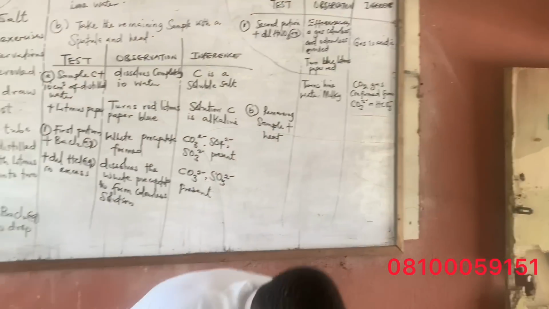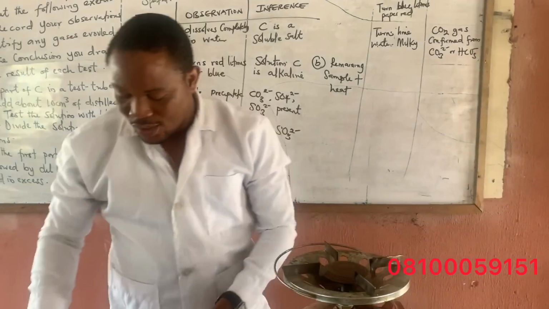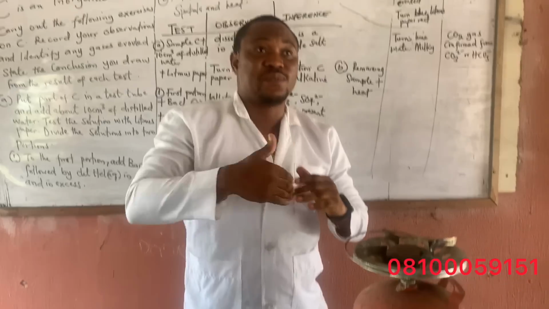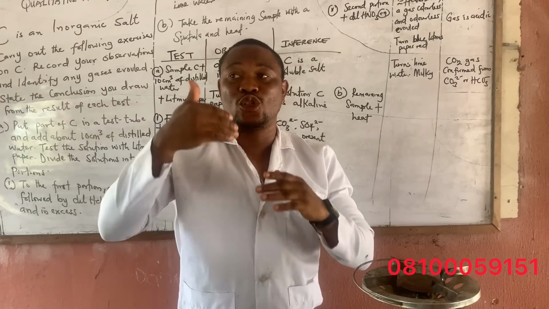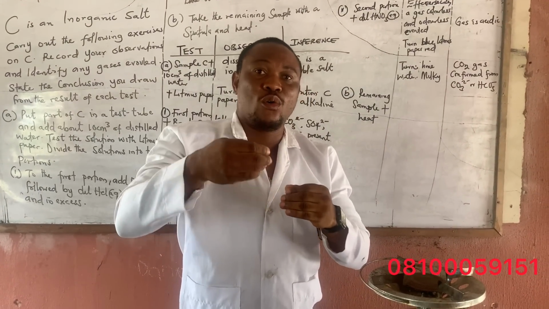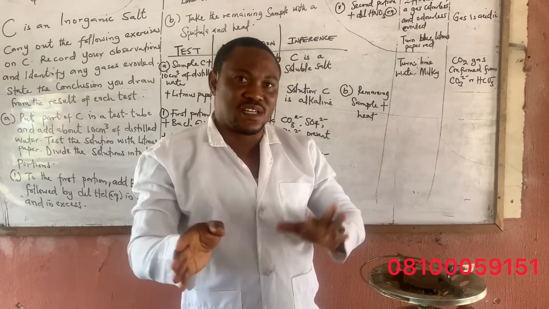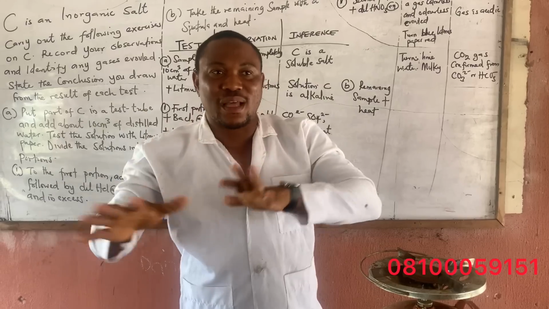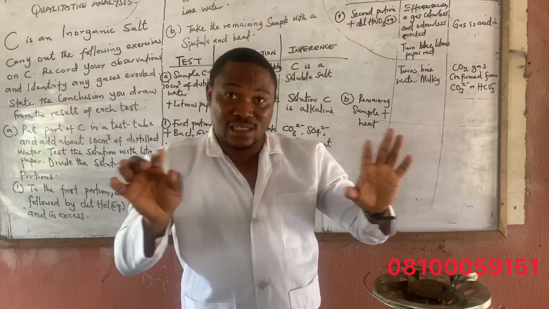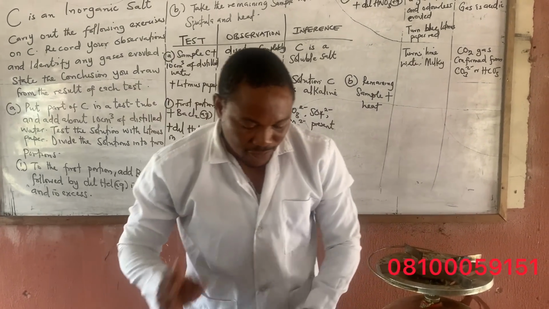So let me put this, let me come with this. Now the question can come like this. When you subject a particular compound to a flame test, we determine the metal ion by the color. I'll still do some series about that. All these metal ions have their color in the spectrum, the spectrum line. But for this, let's see what color it is going to give us.